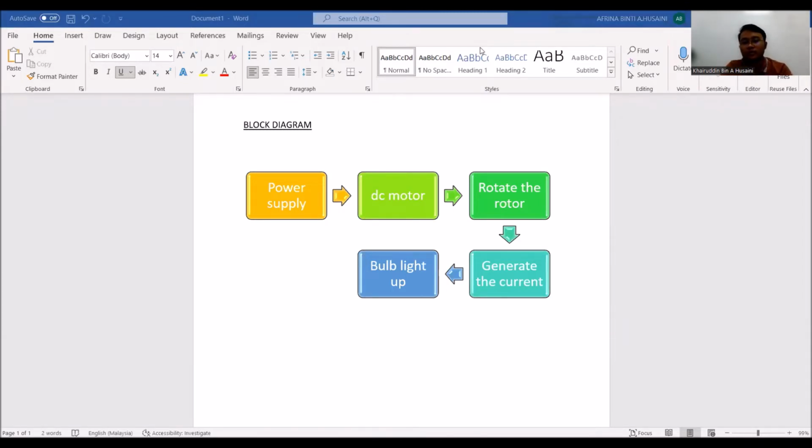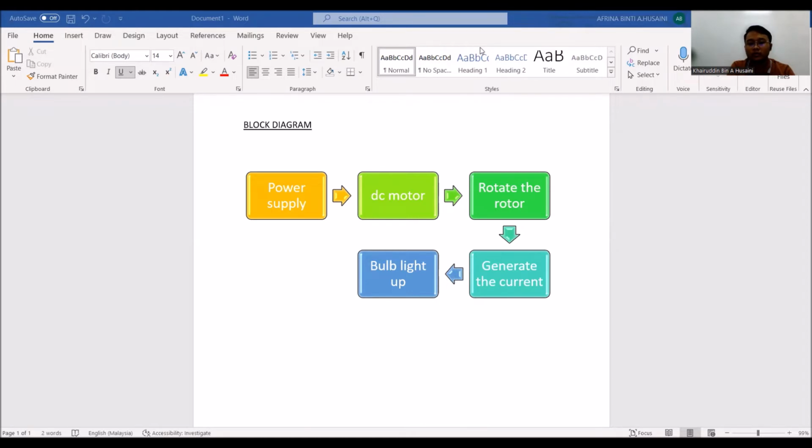So for today, I will present about the block diagram for our project. So firstly, our project is to make a self generator. In the block diagram, we start with the power supply. From the power supply, the motor gets the current and voltage. When the DC motor gets the current and voltage, it can rotate the rotor.